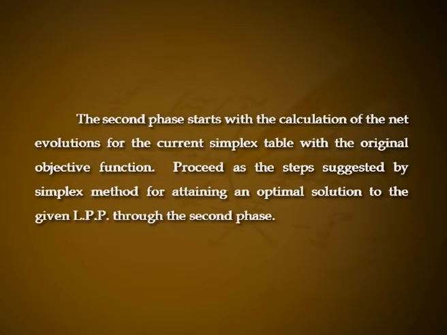The first phase ends with the value of the objective function as 0 and without any artificial variables in the basis. The second phase starts with the calculation of the net evaluations for the current simplex table with the original objective function. Proceed as the steps suggested by simplex method for attaining an optimal solution to the given LPP through the second phase.